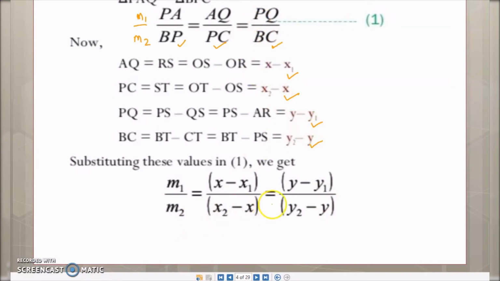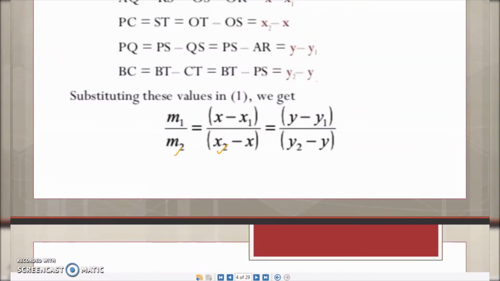Now for finding the coordinates x and y, you will first equate m1 by m2 to the first one, that is (x minus x1) by (x2 minus x), and you will get the value of x. And when you equate this to the second ratio, then you will get the value of y.